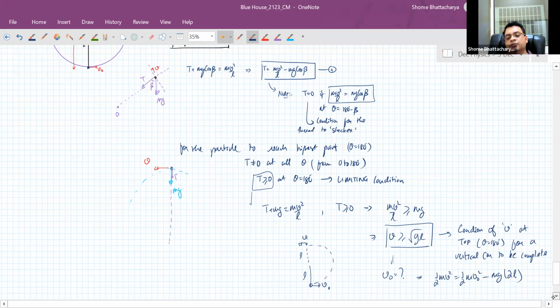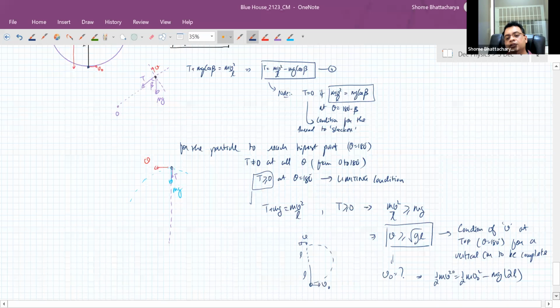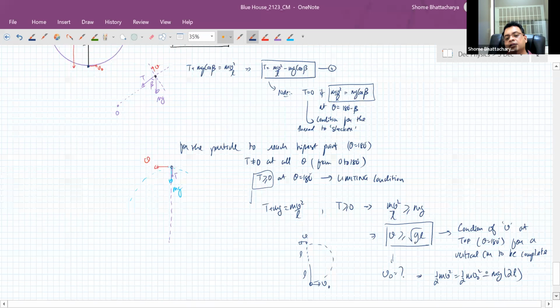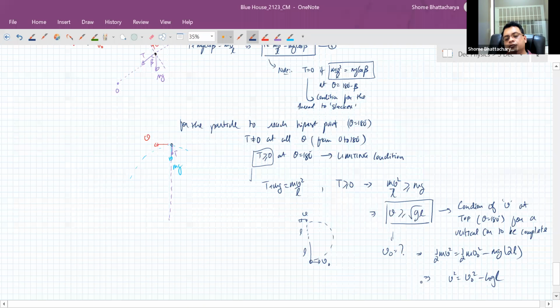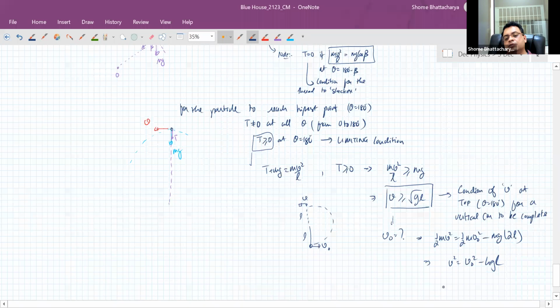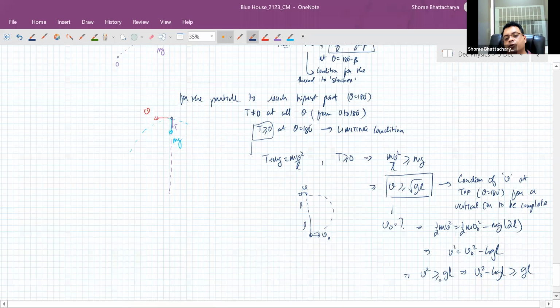So the relationship between these two is that V square is equal to V naught square minus 4gL. Now V square is greater than or equal to gL, means that V naught square minus 4gL should be greater than or equal to gL.